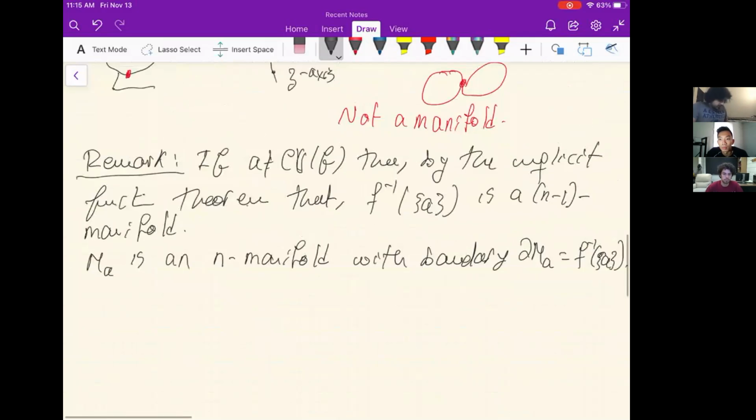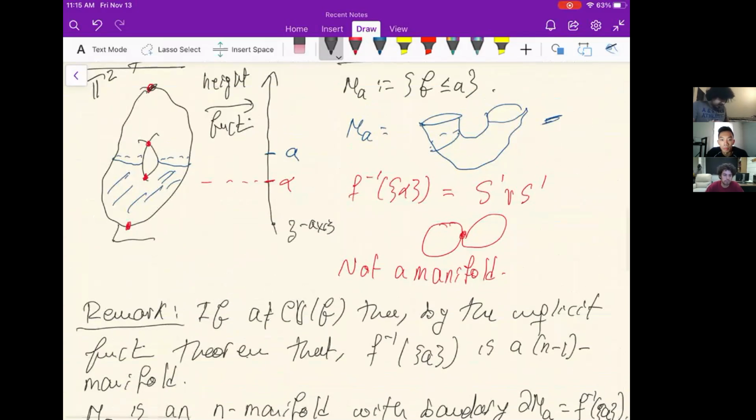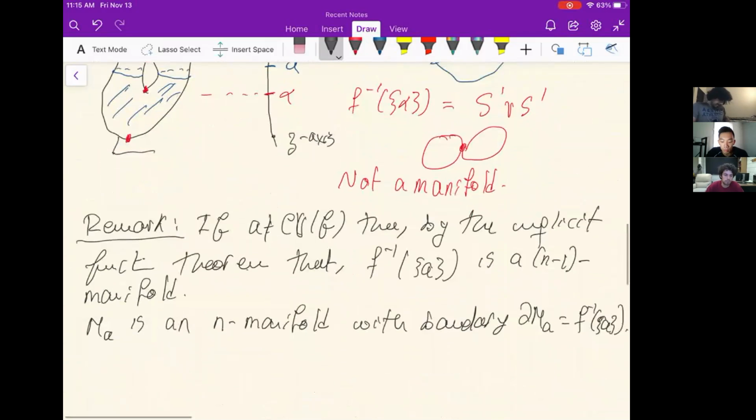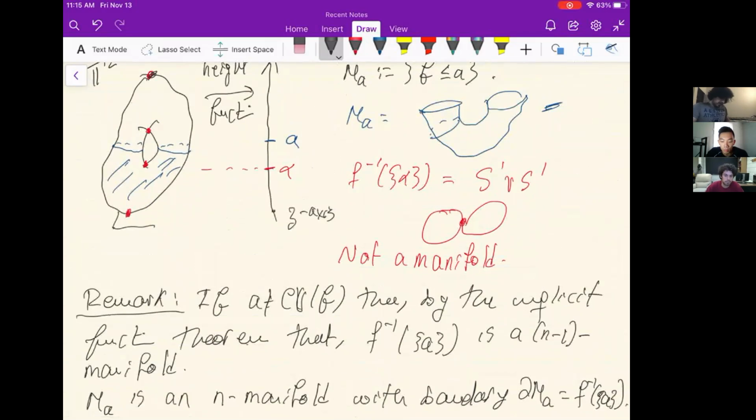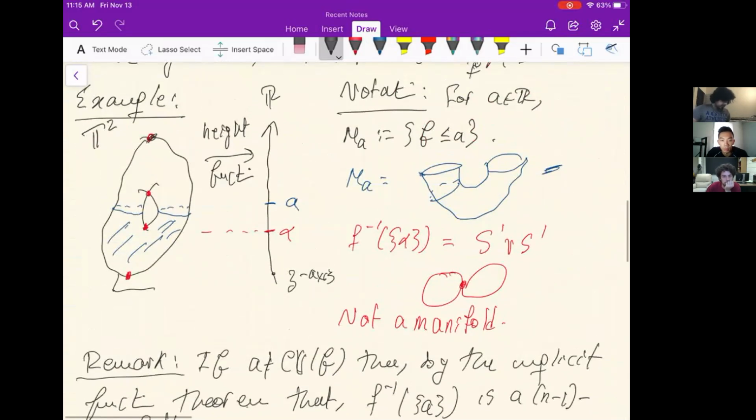Now I will try to convince you. So for now, we have formalized that the sublevel sets at a non-critical value are manifolds. But now I have to convince you that if you compare two sublevel sets with no critical points in between, then they are diffeomorphic.